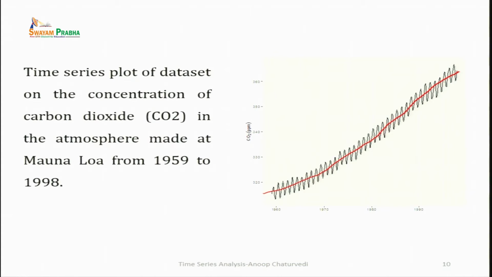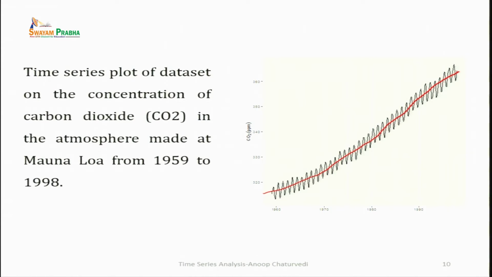So, you observe an increasing trend. Now, along the trend, you also observe periodicity. Again, the period of oscillations is less than 1 year, because of seasonal variation.